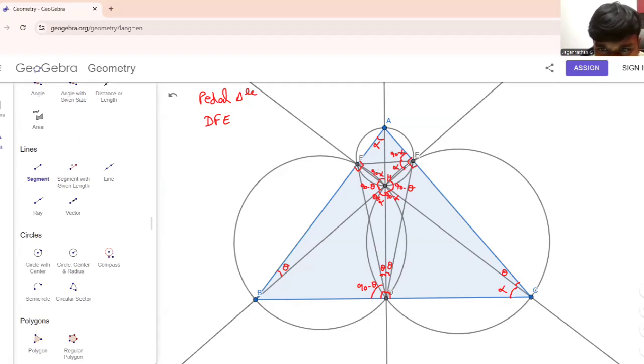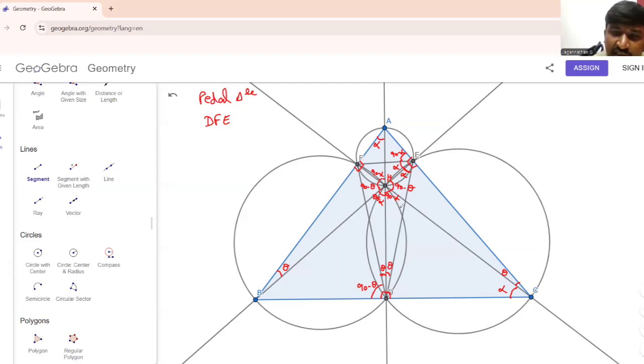So this angle, as you can notice, belongs to which circle? It belongs to the second circle which I have drawn, and it's created by the HD chord. The HD chord is creating an angle alpha here. So that means this will also create an angle alpha here. From that, what have we understood? That means the line starting from E to H is also acting as an angle bisector.